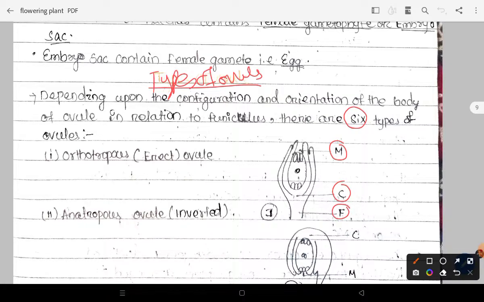Number 1 is the orthotropous type, known as the erect ovule. This indicates micropyle, chalaza and funicle are present in a straight line, and this erect ovule is very commonly seen in gymnosperm.